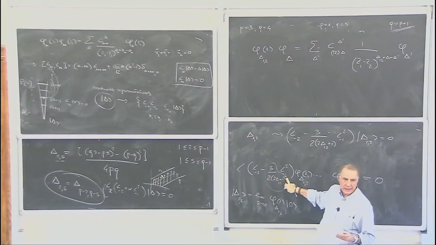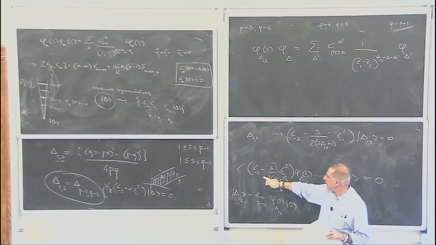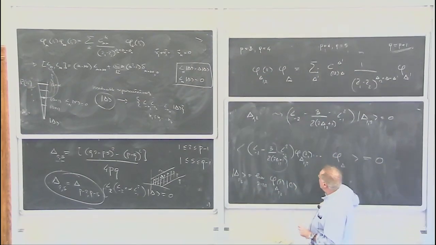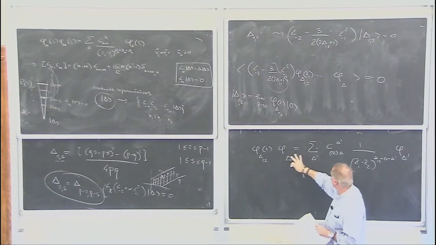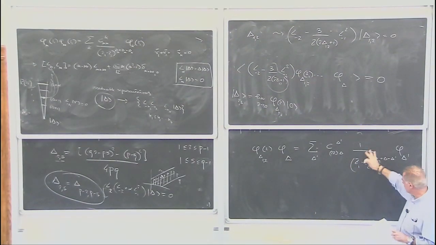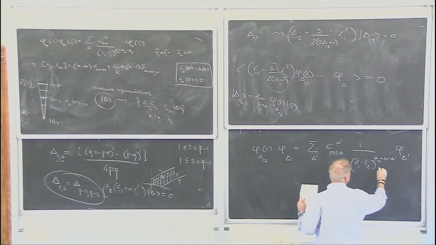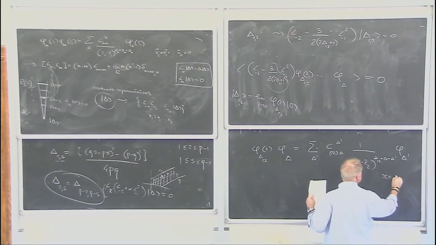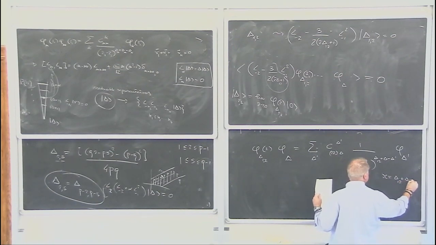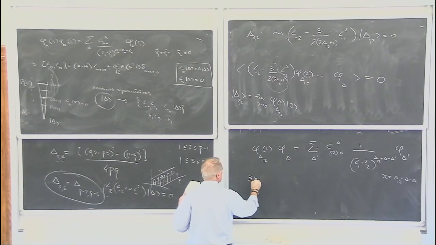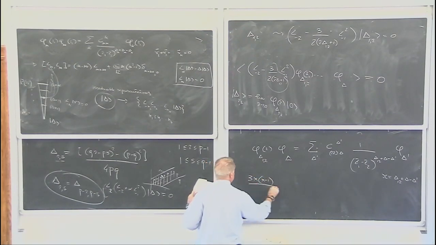L minus 1 is a second derivative. This is simple. But L2, I told you, is not a simple differential operator. We worked it out this morning. Okay? So, if you apply this to this term here, and let me call X this combination. So X for me is delta 1, 2 plus delta minus delta prime. For X, you get this algebraic equation.